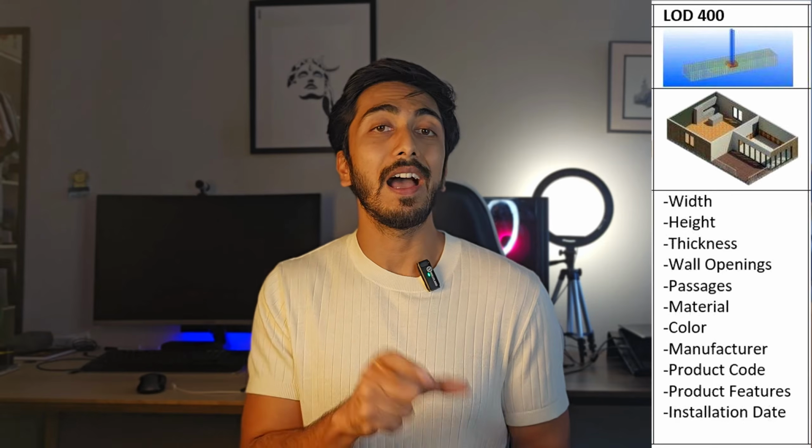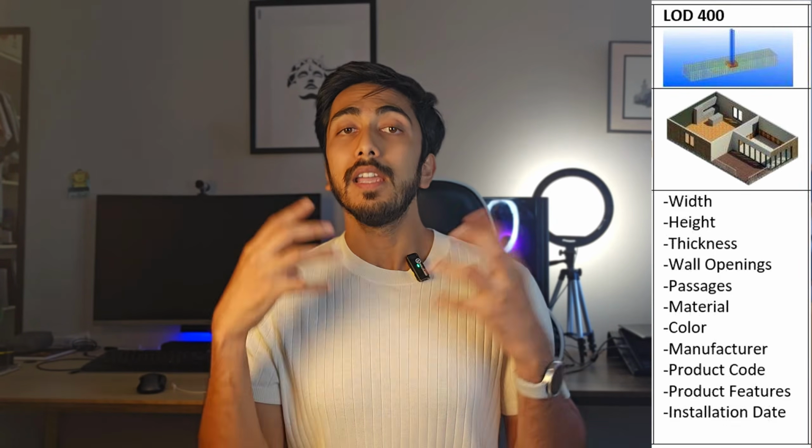For example, if you are embedding a furniture, you will have the date, you will have the manufacturer of that furniture, you will have the weight of that furniture, you will even have the costing of that furniture. So all these data are embedded into your model at level 400.